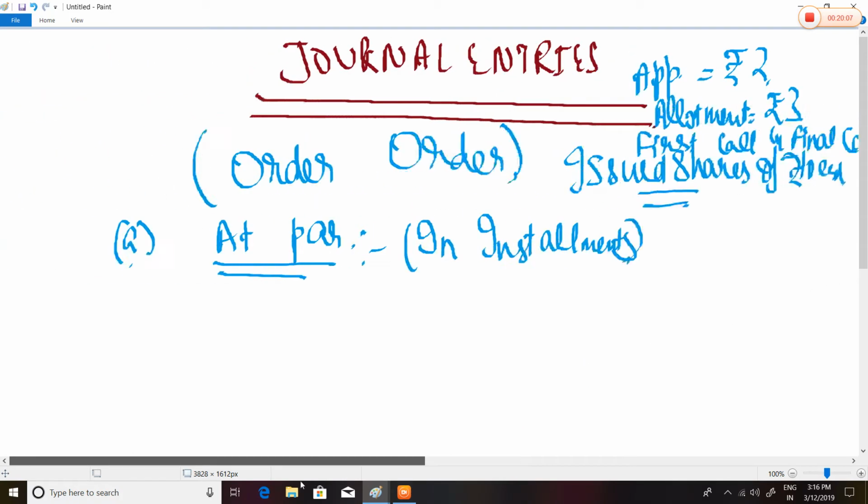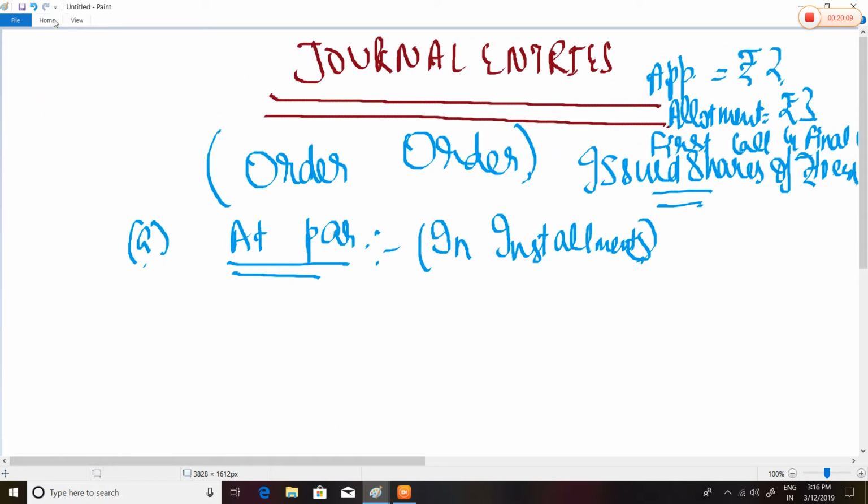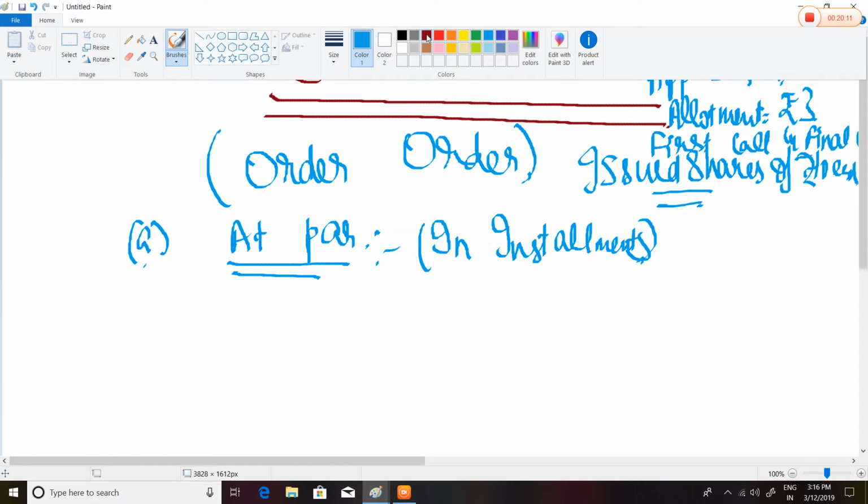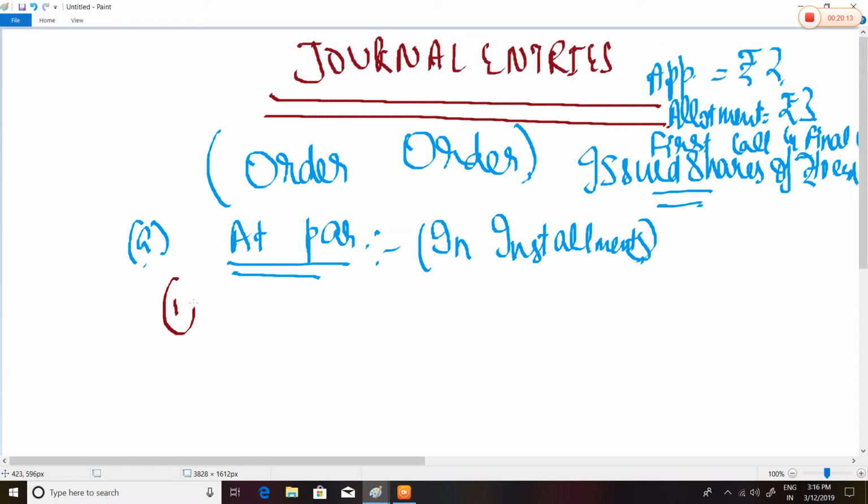Okay, so in this case, our very first entry would be bank account debited to equity or preference share application account.